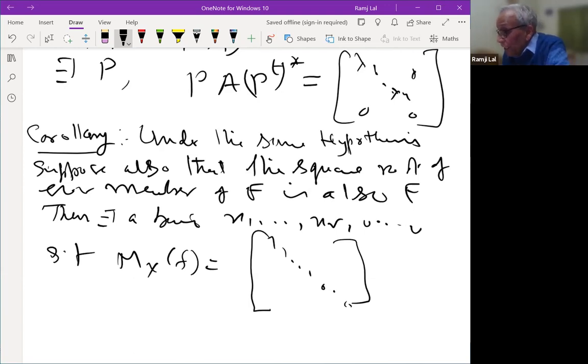If the square root of every member is there, that is very easy to observe.